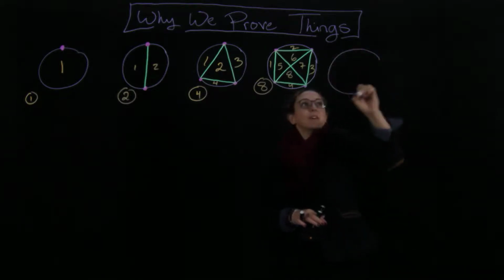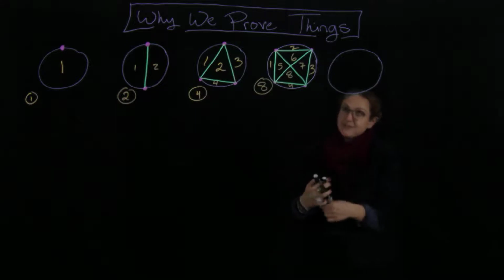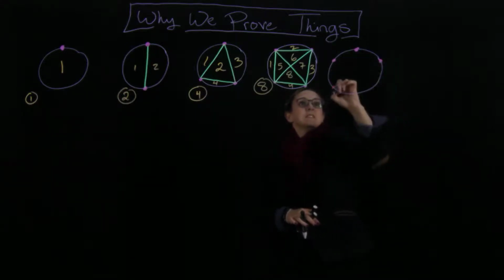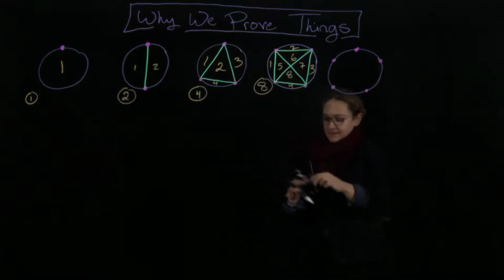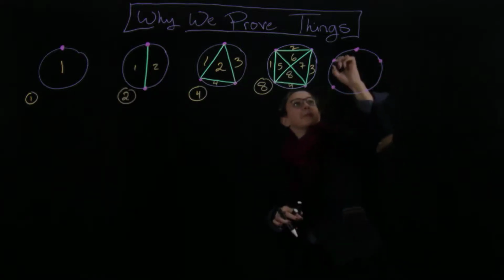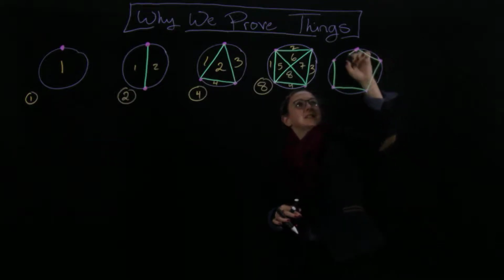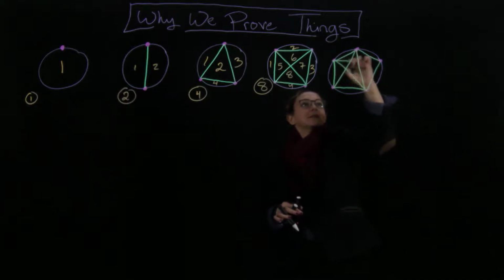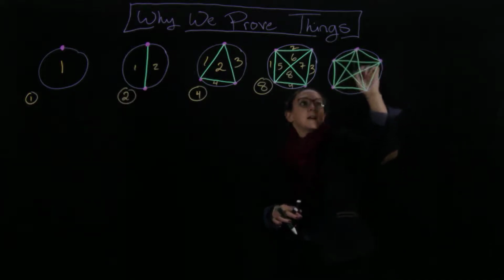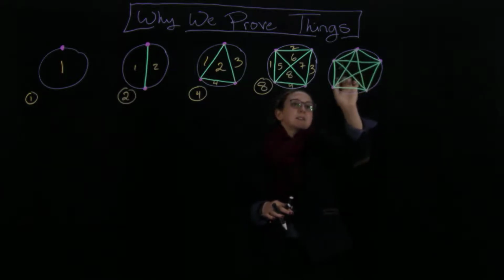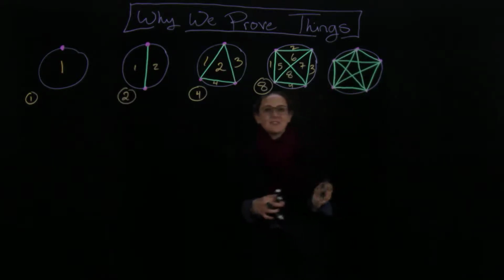Now I'm going to put on 5 evenly spaced dots. So 1, 2, 3, 4, 5. And I connect them up. So I form the complete graph on 5 vertices. And this one you can just do by creating a star. That should work. And then each of them has 4 edges coming out of it, so I did manage to connect each of them to each of the other 4.